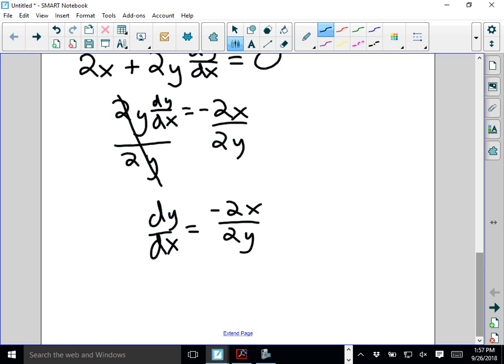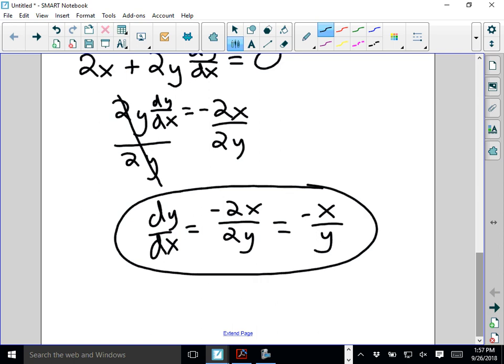What do we see that can simplify in this problem? Well, we can divide both the top and the bottom by 2. When we do that, we get a final answer of negative x over 1. And that is our first implicit derivative.